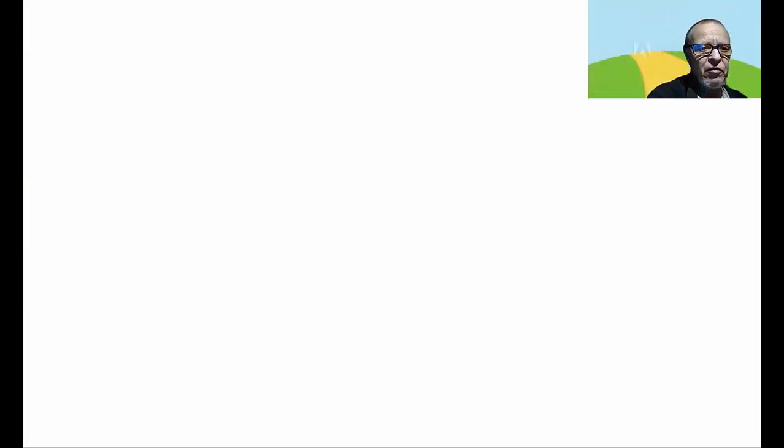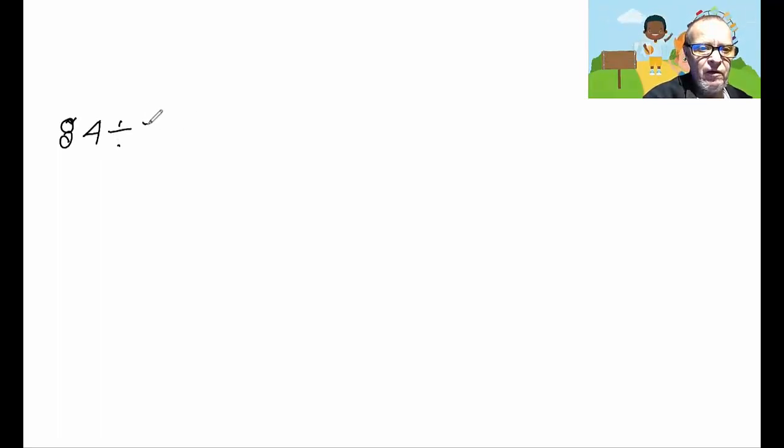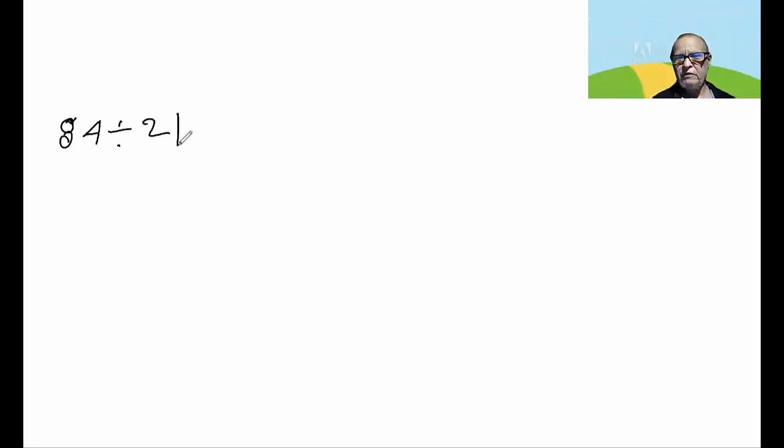In this example, we're asked to divide 84 by 21. And we're also asked to use scaffolding division. So we have to use this particular method because this is what we're asked to use.